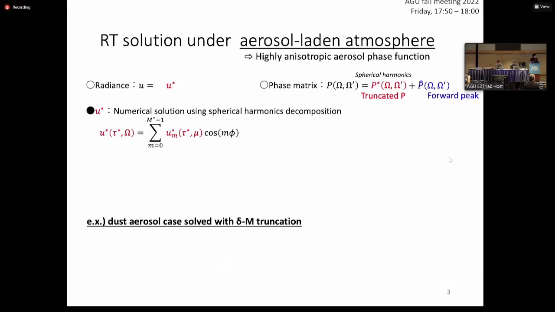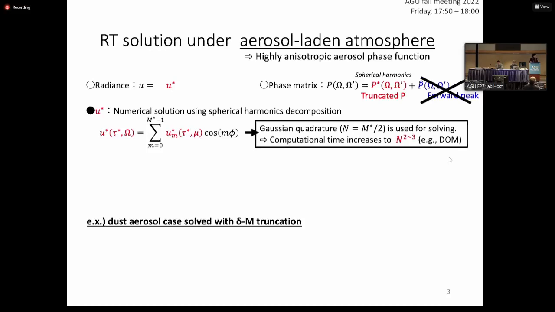So I will skip that, and I will show the basic analysis of radiative transfer for aerosol-loaded atmospheres. Under aerosol-loaded atmospheres, because of the forward-peaked phase matrix, we need large Fourier decompositions to reconstruct the radiance field. But this needs large computational resources, scaling with a power of 2 or 3 in the discrete ordinate method.